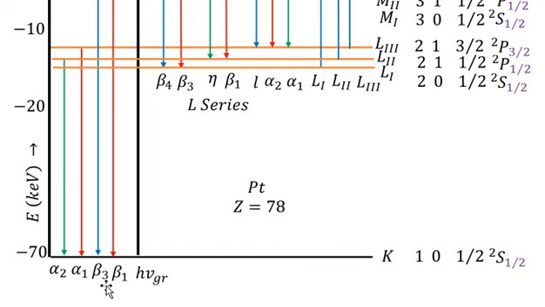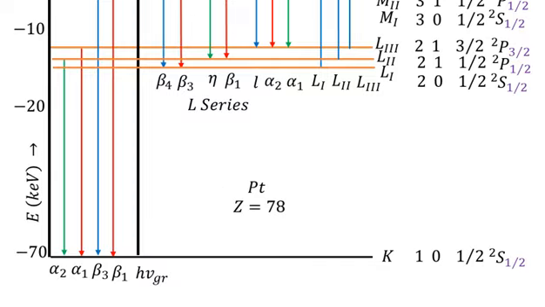And here, H nu Gr, Gr stands for ground. So H nu is the photon which can be used to knock out a K electron; a K electron can be ionized using the energy equal to H nu ground. And this is indicated by a bold arrow shown in black.